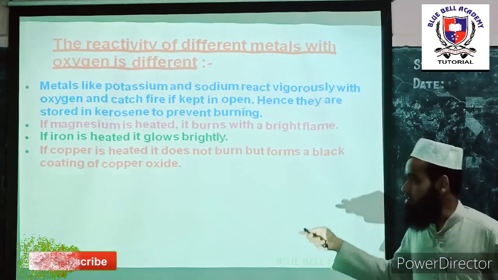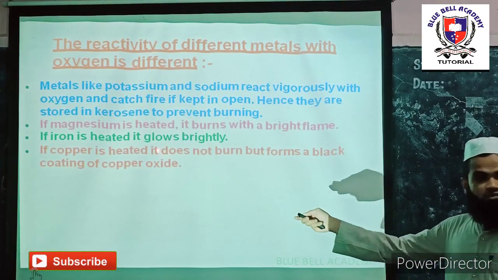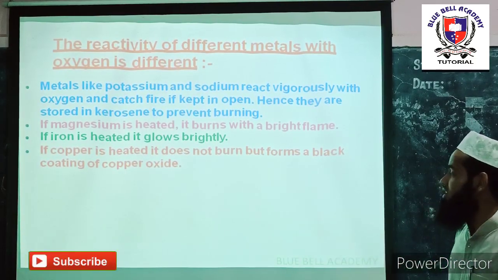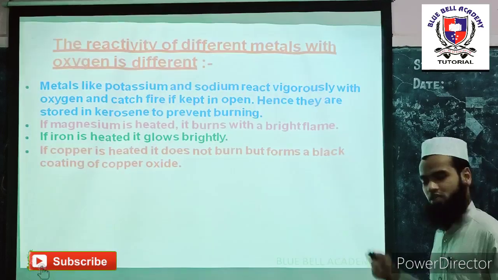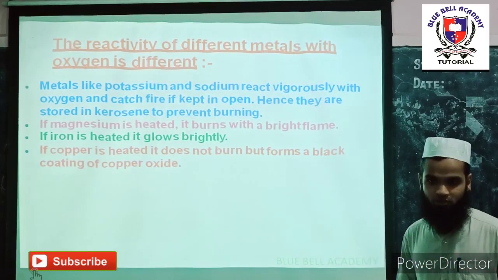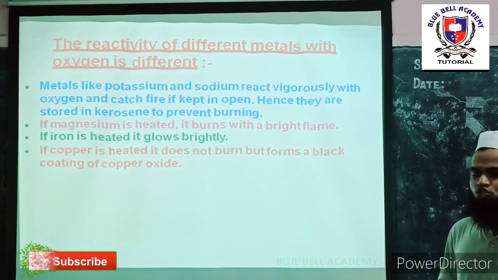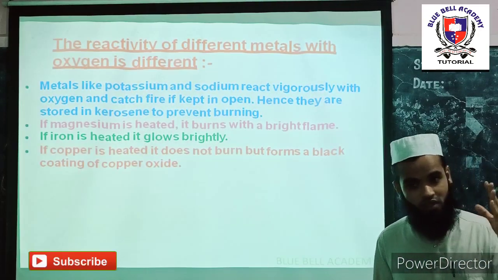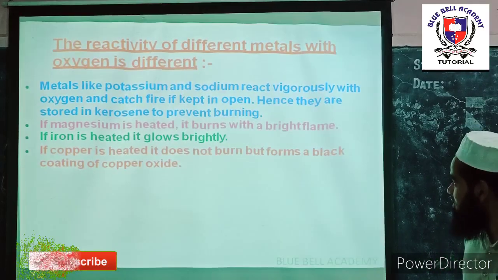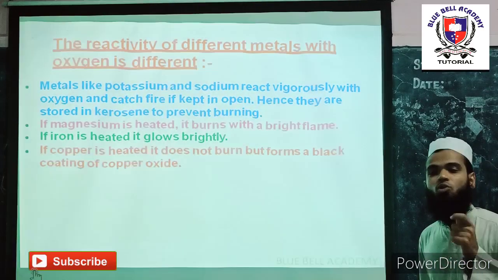This question has already come in the final exam and even in the practice paper. If copper is heated, it does not burn, but it forms a black coating of copper oxide. Based on that, the question in your paper was: an X metal burned with oxygen and forms a black coating upon it.